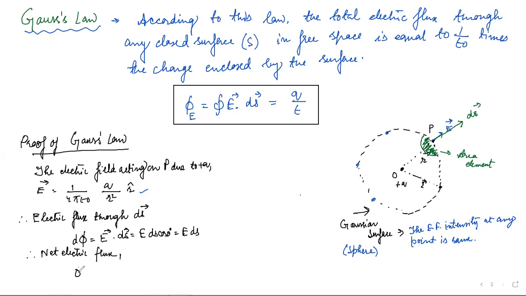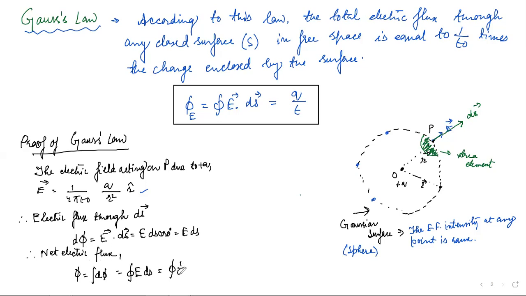Therefore, net electric flux phi is equal to integration of d phi, which comes as closed integration of E dS. So what is E?